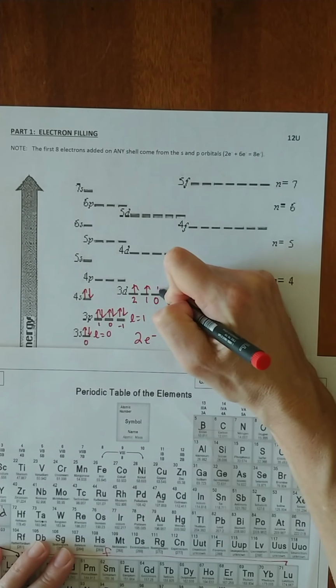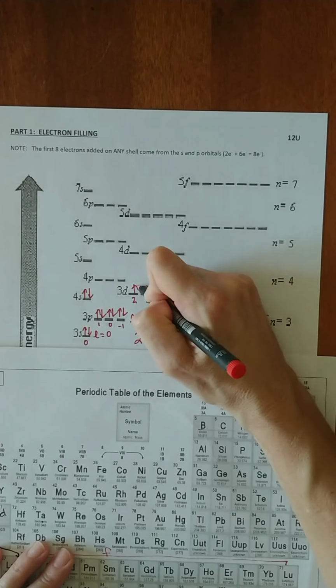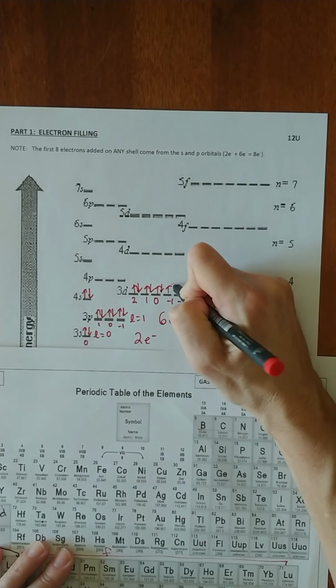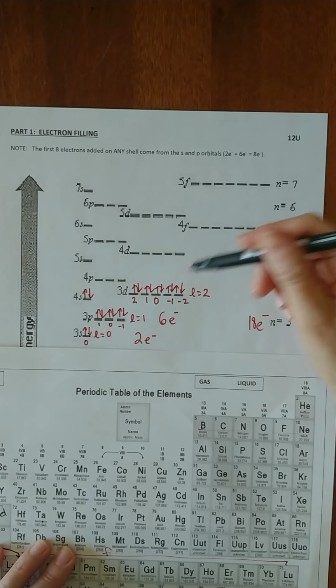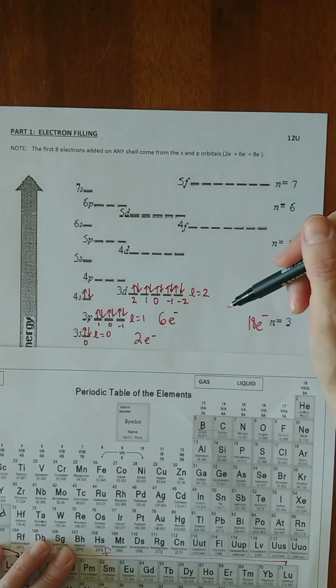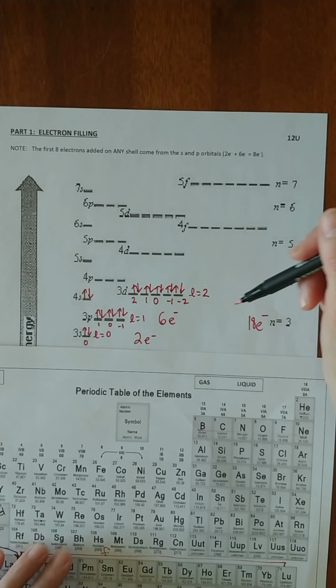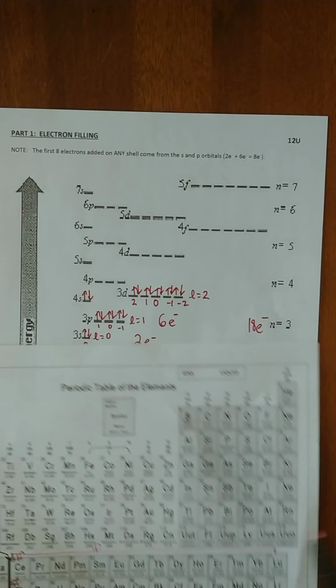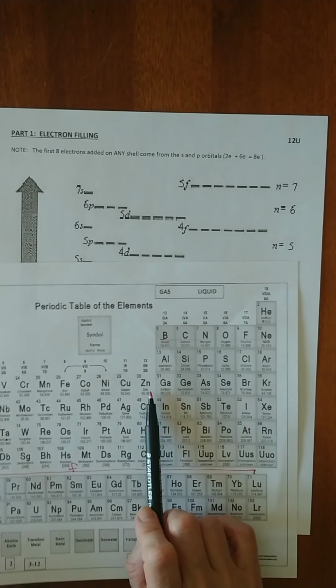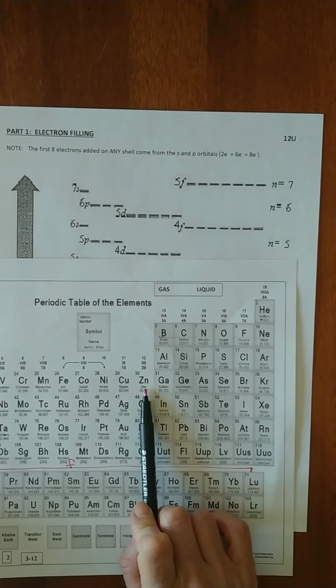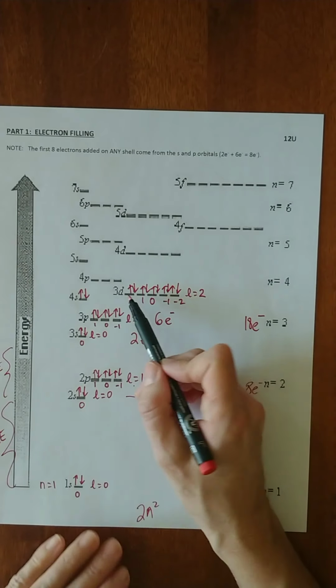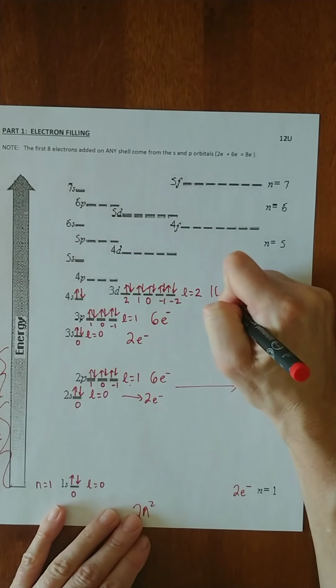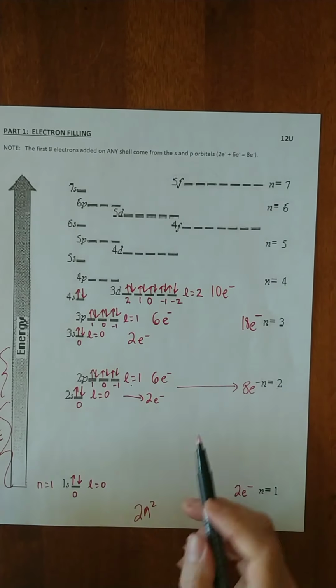So we put 1 electron in at a time, and then we pair up, because according to the Pauli exclusion principle, you add 1 at a time, and then you go back and pair up after that. Okay, so now the 3D, we're now at zinc, and we know that the 3D contributes 10 electrons. So now we have our 18.